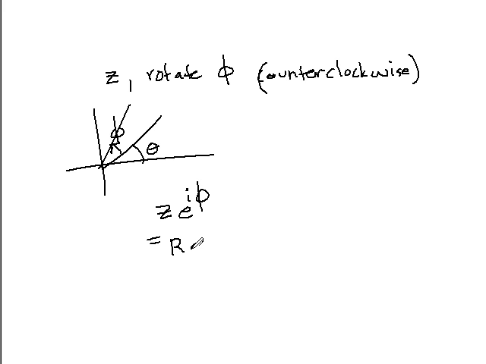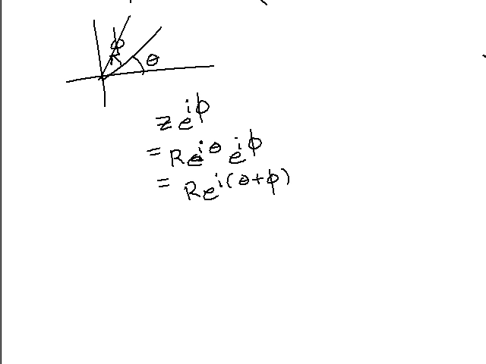We know that's r e to the i theta times e to the i phi, which is r, of course, e to the i (theta plus phi). So we're just rotating the magnitude r through an angle theta and then subsequently through an angle phi.